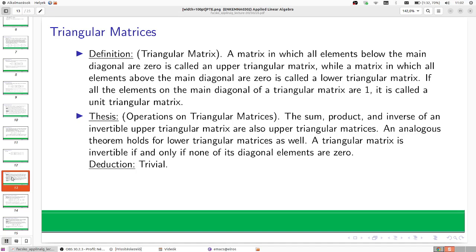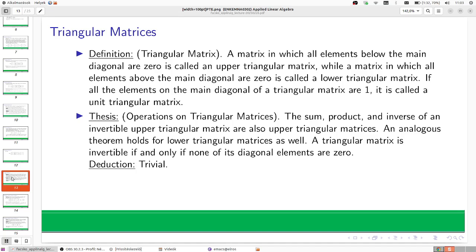So the sum, product, and inverse of upper triangular matrices are also upper triangular matrices, and it's the same for lower triangular matrices. And the triangular matrix is invertible if none of the diagonal elements are 0.